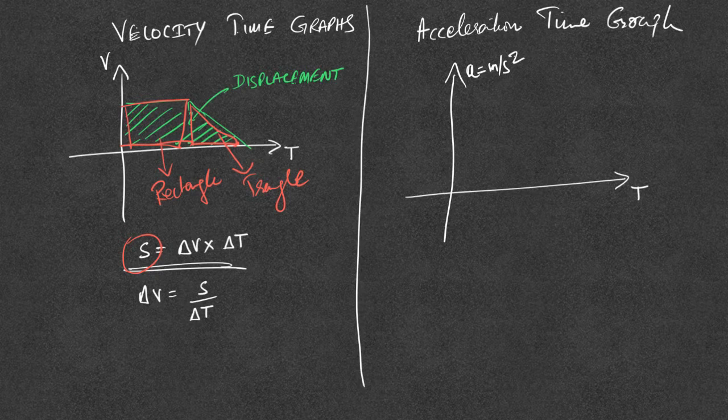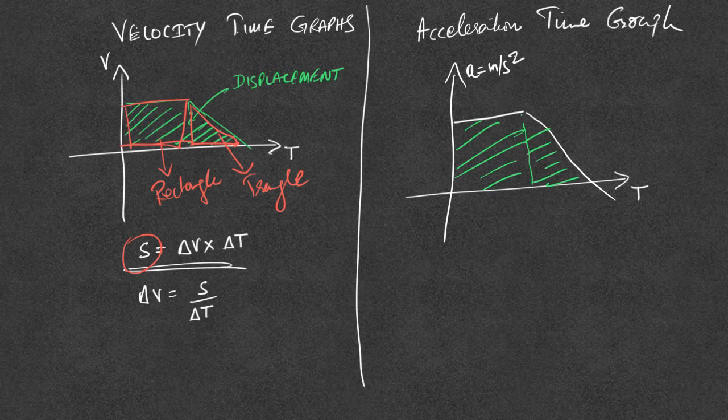And if you were to draw a similar graph out here, okay, let me just pick a different color. Then the area under this graph will give us the delta V, or change in velocity.